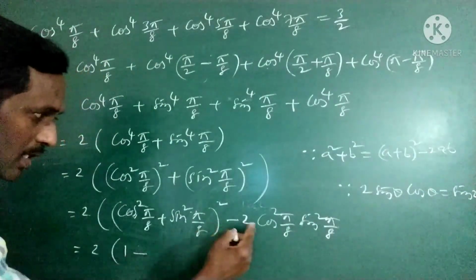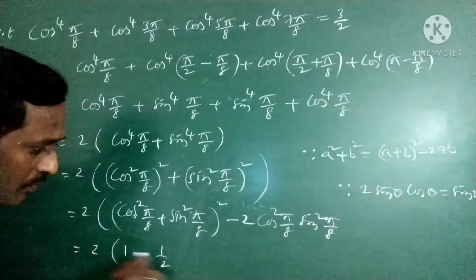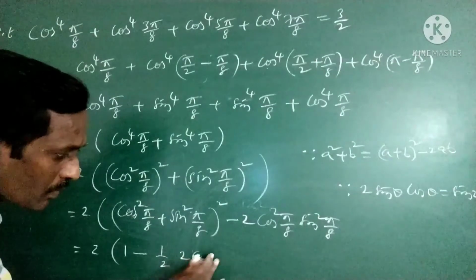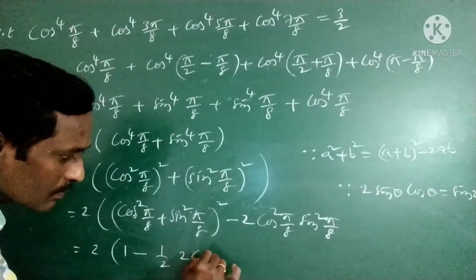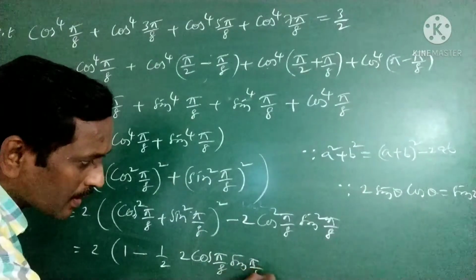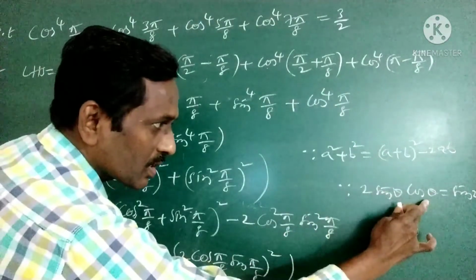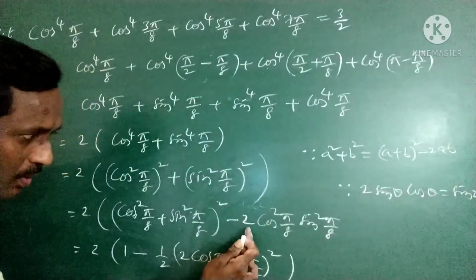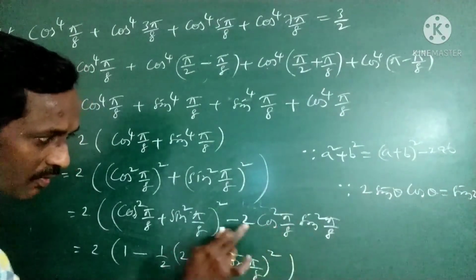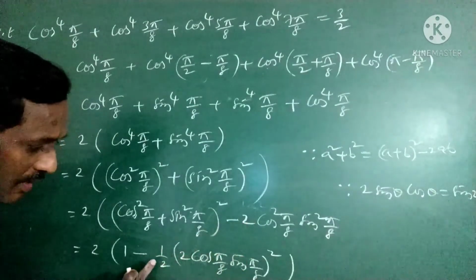So here we have the squares. What I am doing is, 2 square becomes 4, 1 by 2 of 2 times cos pi by 8 into sin pi by 8 of whole square, because 2 sin cos function is the sin 2 theta. Here 2 times cos function sin function, but we have the squares, for this there is no 2. So I am going to multiply with the 2 and divide with the 2.